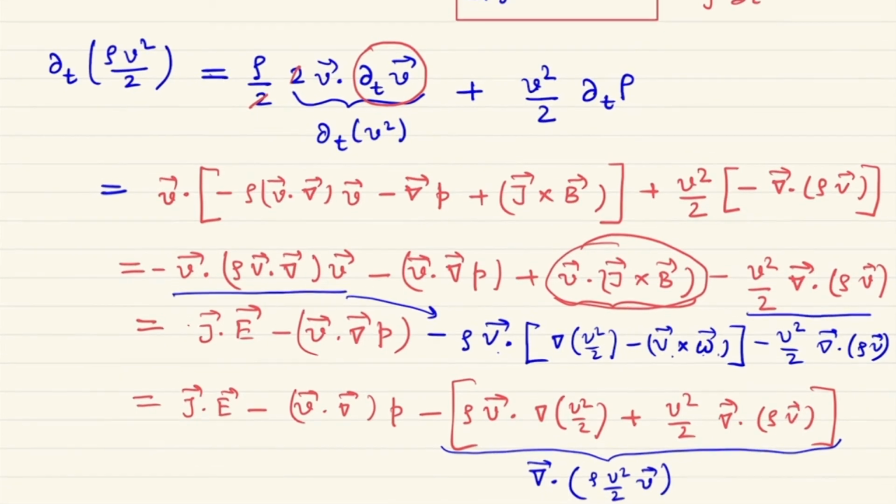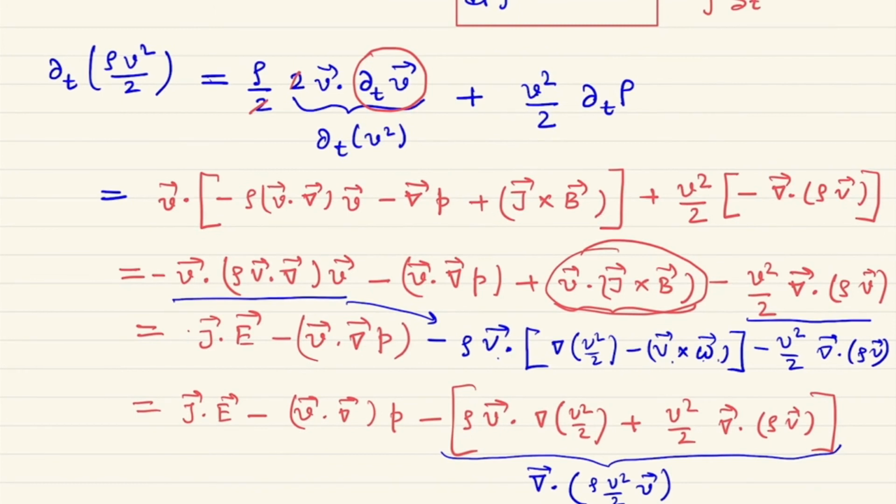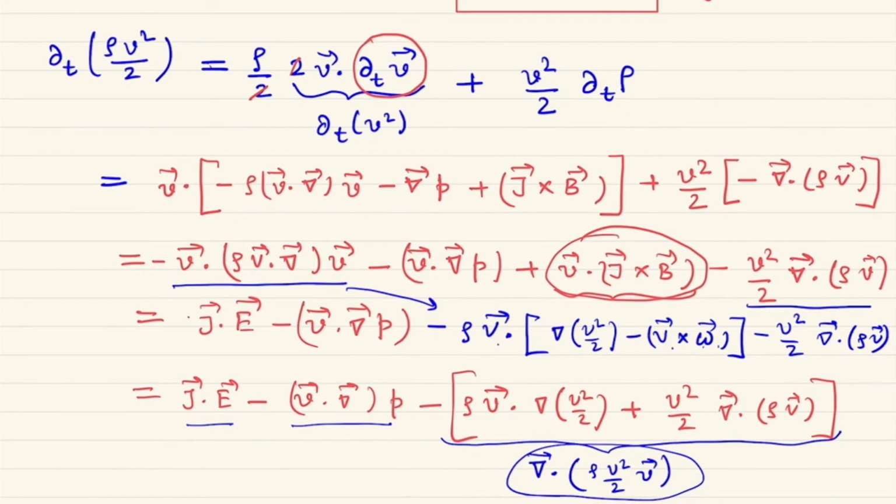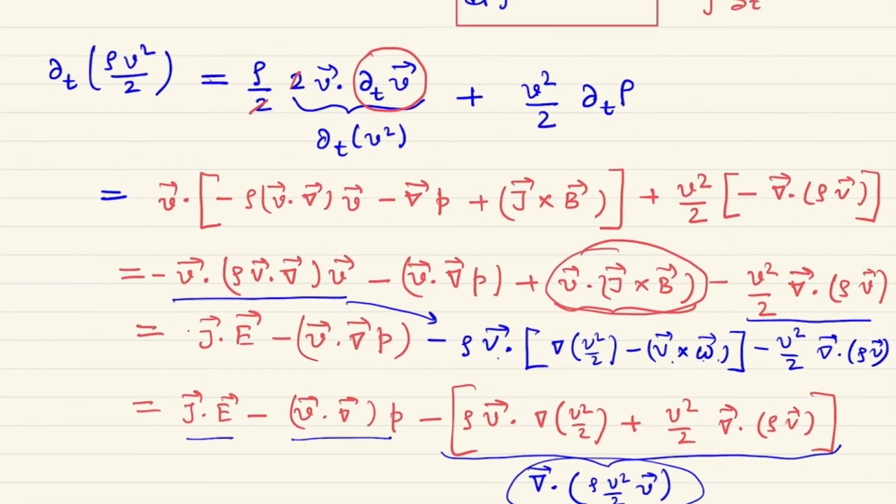Okay, clear? So if we now check the whole thing, we have this component, we have this component, and we have one divergence. Okay, so that's already a good thing. So we have some divergence.